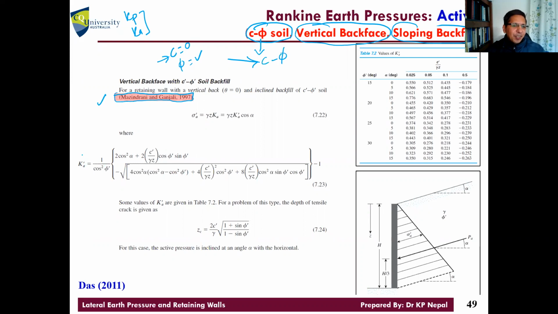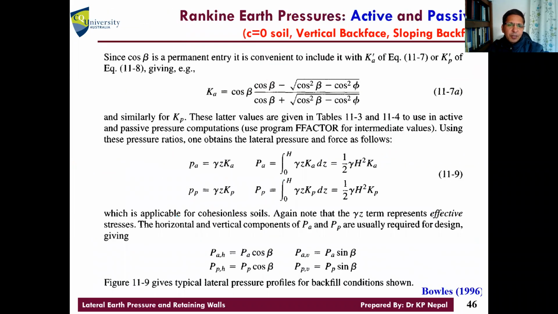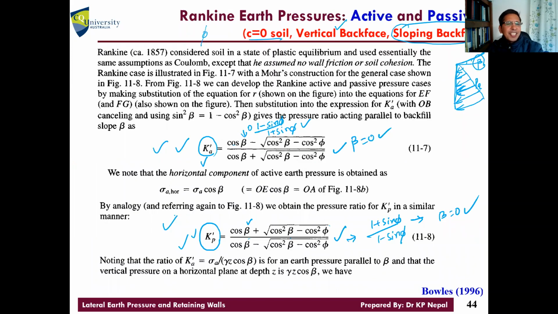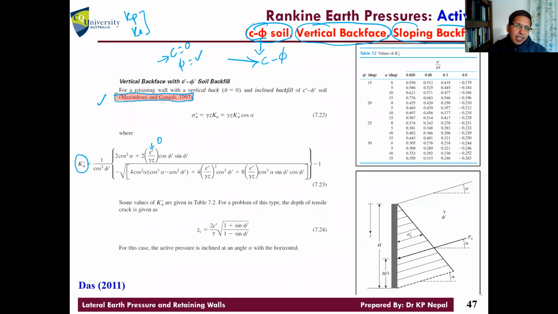They derived the equations for Ka and Kp for the c-phi soil condition. For example, if you put c equals 0 in this equation, you will get back to these equations. All right, they tried to extend the formula and get those values. This is for c-phi soil, and this is for the active case. There should be a passive one also. Is there? c-phi soil.